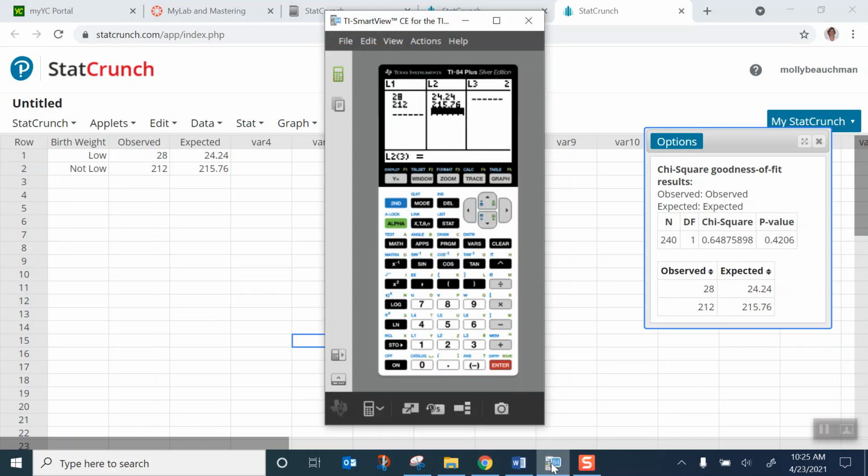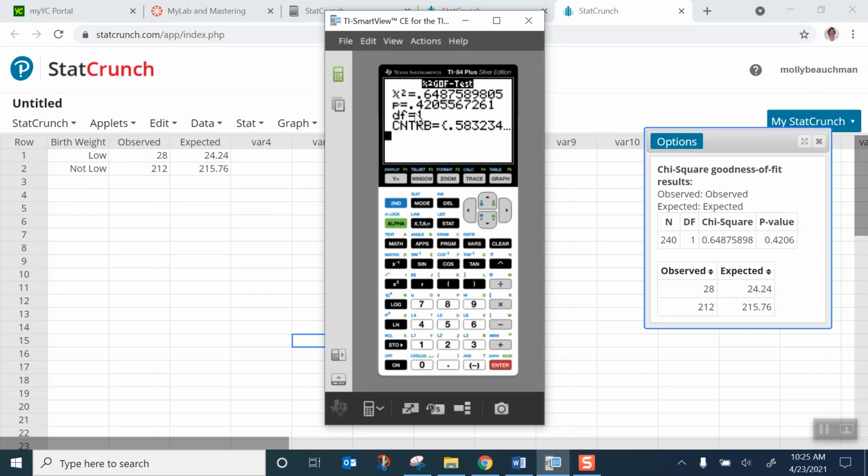If you use the calculator, type your observed and expected into the lists. Then go to Stat, Tests, and select chi-squared goodness of fit. Observed is in list 1, expected in list 2. Degrees of freedom is 1. It's the number of rows minus 1.